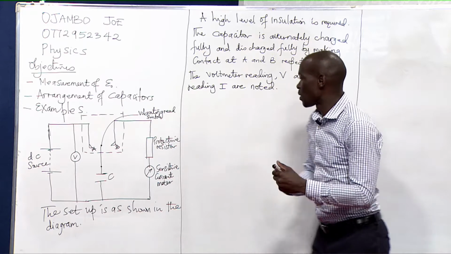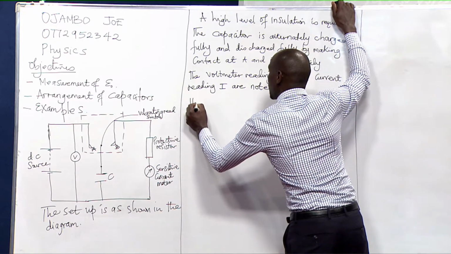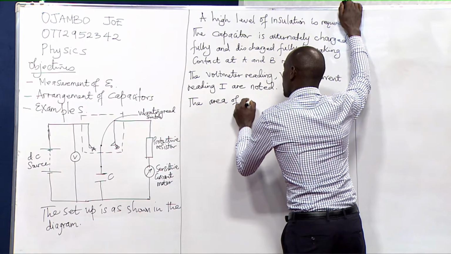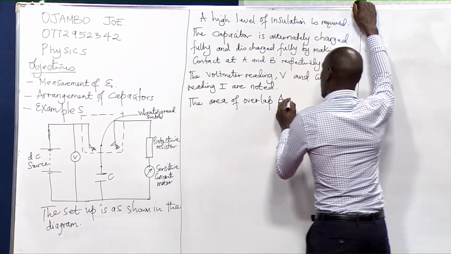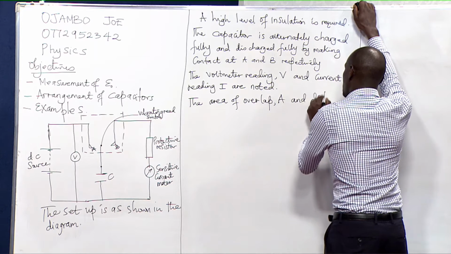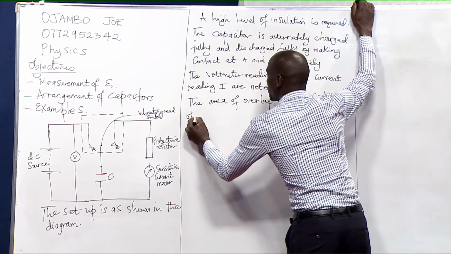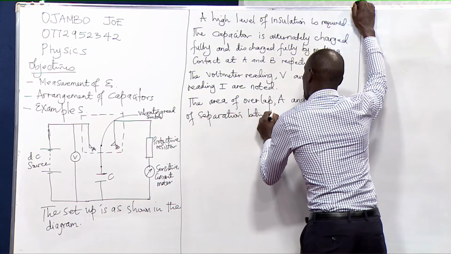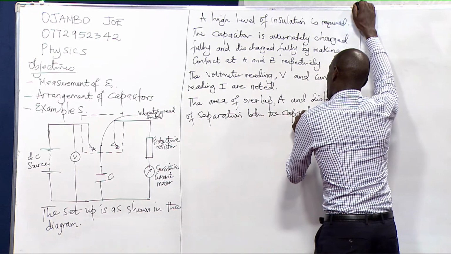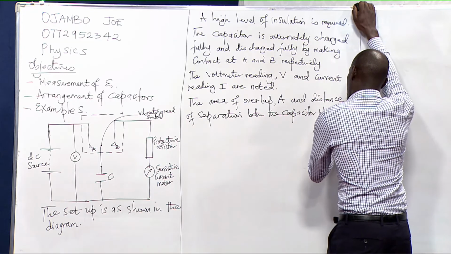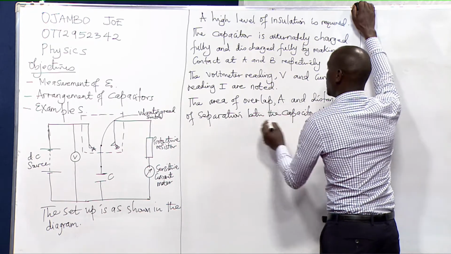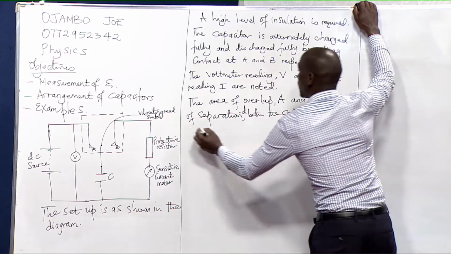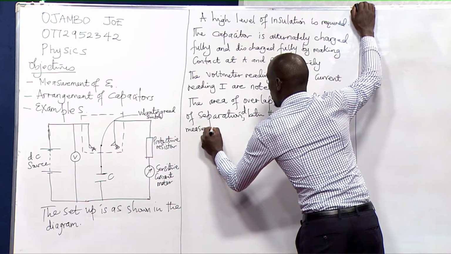We shall then get the area of overlap A and the distance of separation, D, between the capacitor plates, which are measured and noted.